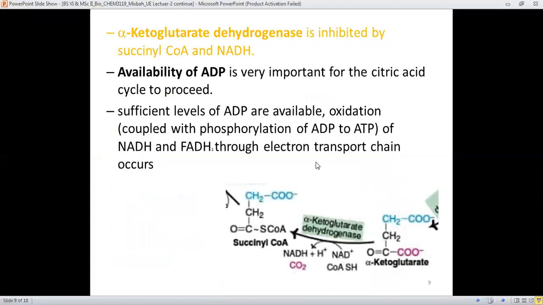And the third enzyme which is responsible for the regulation of the citric acid cycle is alpha ketoglutarate dehydrogenase, and it's inhibited by succinyl CoA. Alpha ketoglutarate dehydrogenase is responsible for the conversion of alpha ketoglutarate into succinyl CoA.